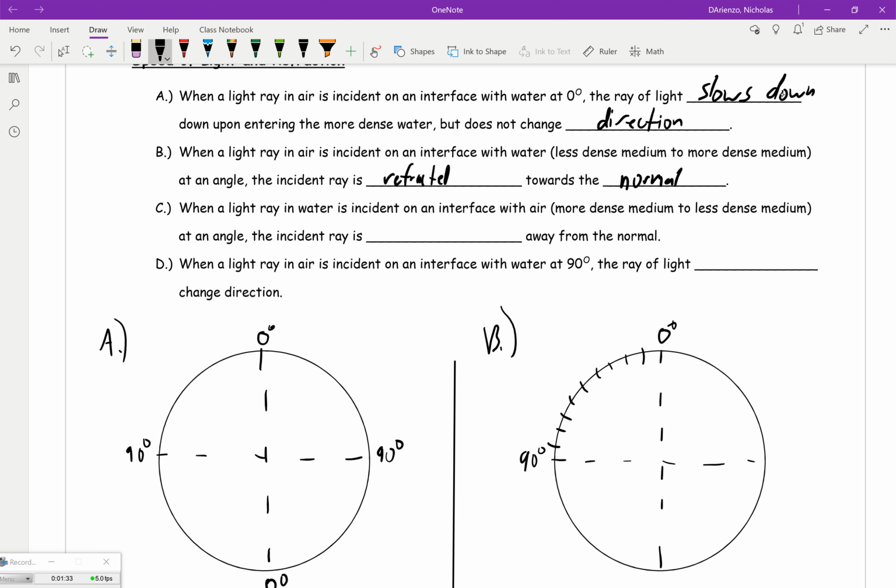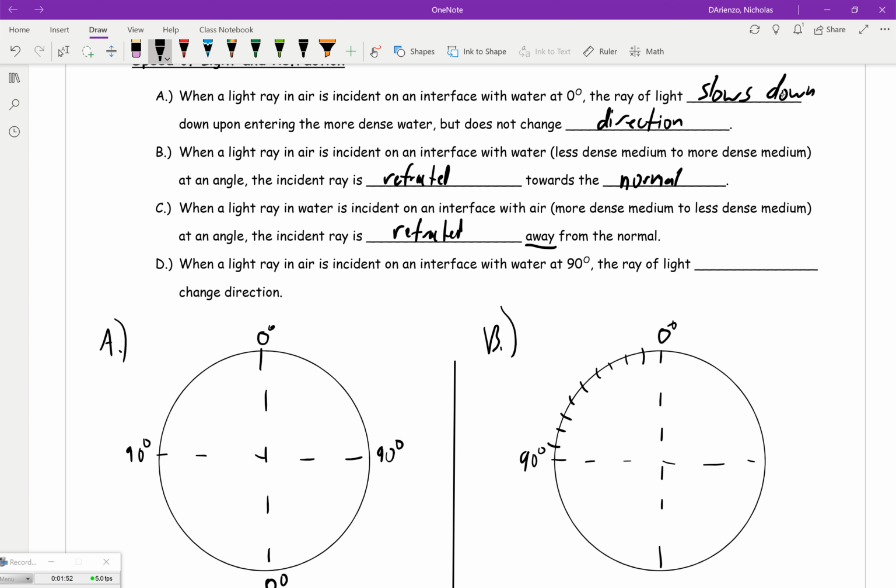The third scenario is when a light ray in water is incident on an interface with air, or from a more dense medium to a less dense medium. Again, at an angle, the incident ray is refracted away from the normal.